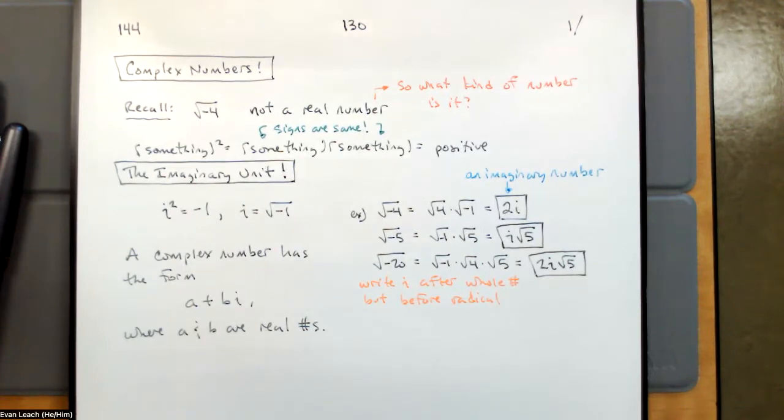So a complex number has this form, a plus bi, where a and b are real numbers. The reason that we want to stipulate that a and b are real numbers is that if b is a complex number, that means it has i as a factor, then it's got an i times an i, which is an i squared, which is a -1, and all of a sudden it's real. So we want to have a real part and an imaginary part. a is the real part of the number.